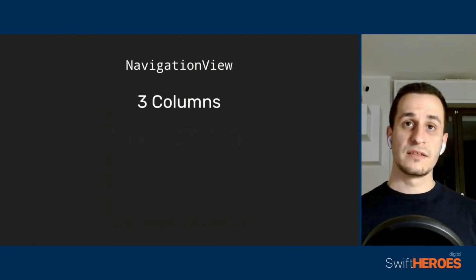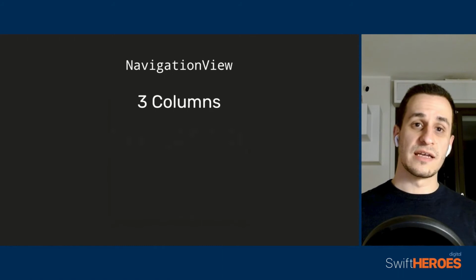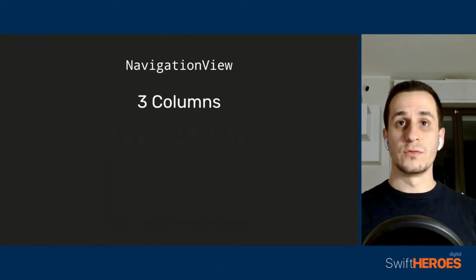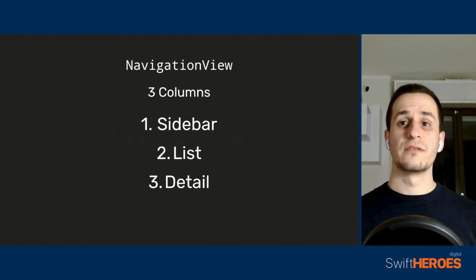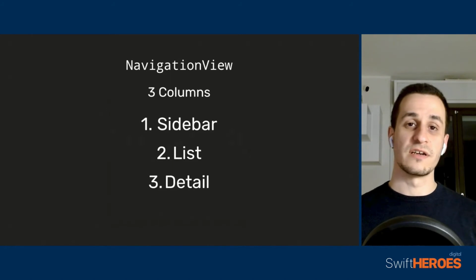By adding the third view inside that, we were able to have one sidebar, one list, and one detail view. As you may know, a lot of things are currently undocumented on the SwiftUI documentation, so we will look forward to this year's WWDC.